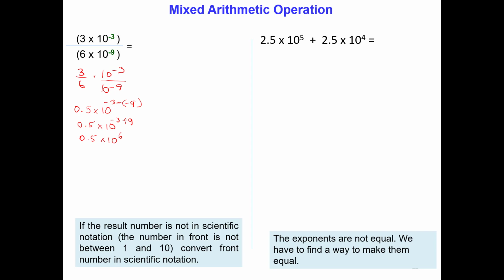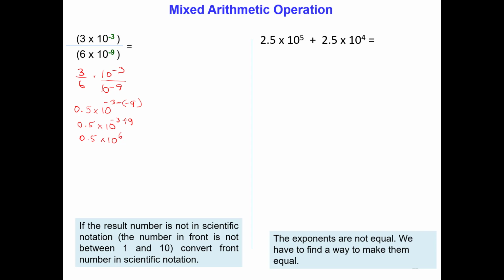Then the next thing we had to do is check if the result is in scientific notation. Because the number 0.5 is not between 1 and 10, the answer is not in scientific notation. Then we need to write the number in scientific notation. So let's write 0.5 in scientific notation.